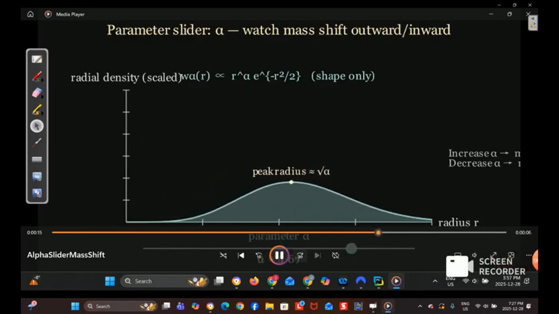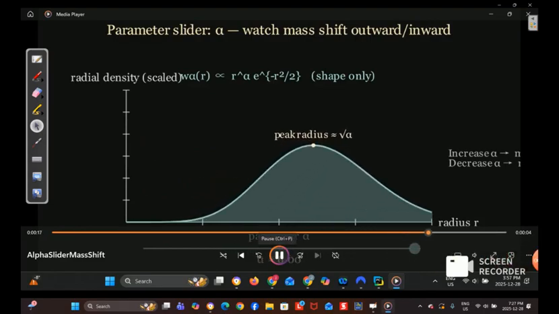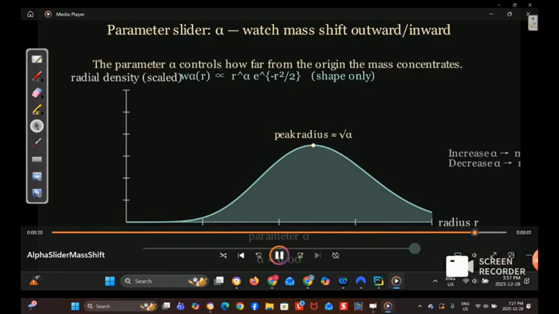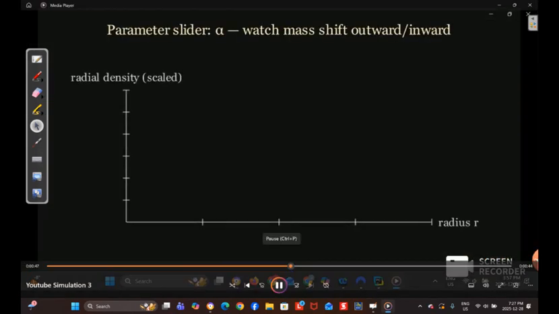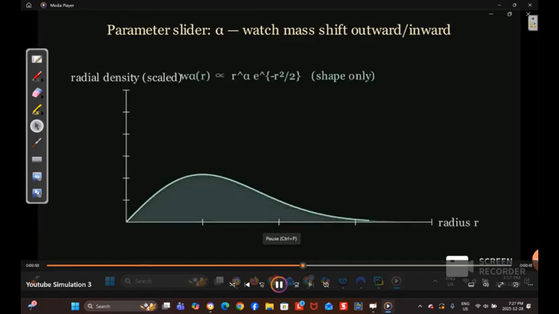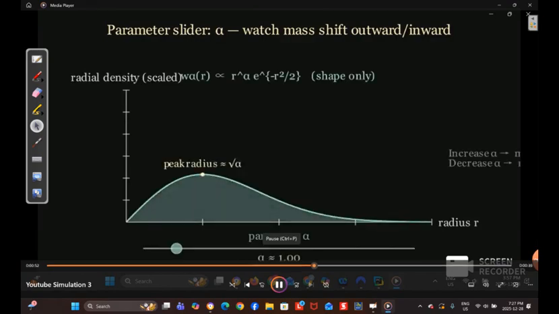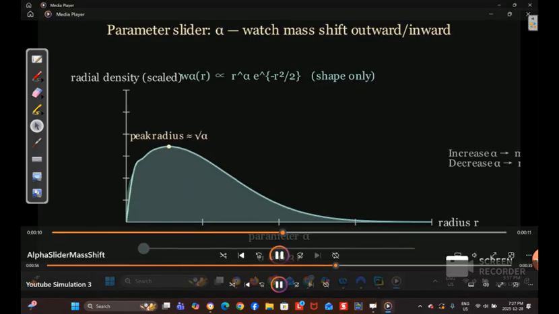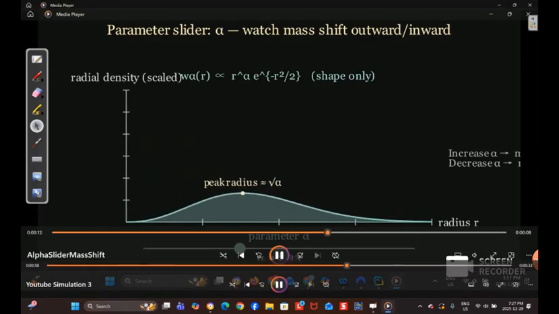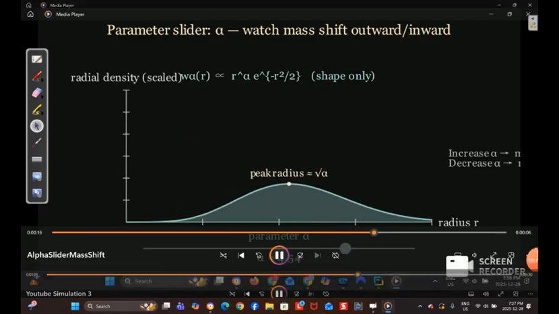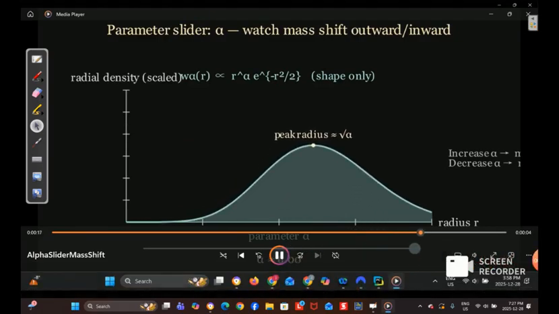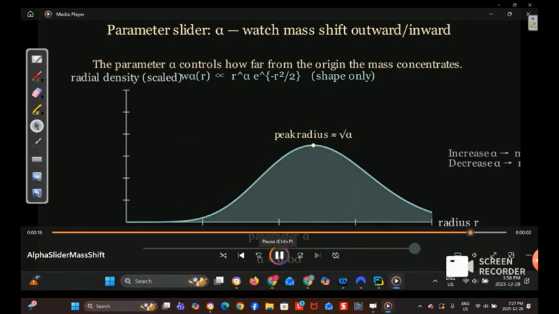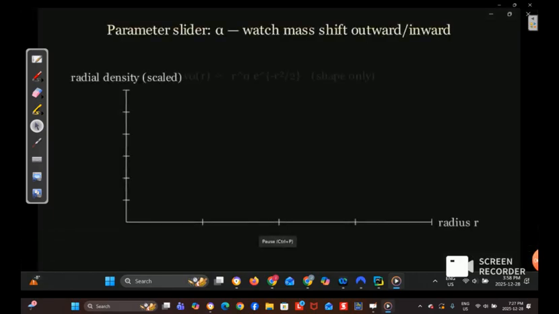I showed you from the last module, the last model, from a panoramic view. This is a two-dimensional projection of what's happening, but you can see it behaving in a more interesting manner. So as you can see, the radial density here, r to the alpha times e to the negative r squared over 2, only affects the shape.